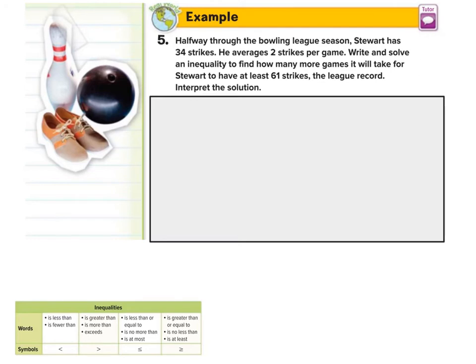Interpret the solution. Okay, so I pulled out this handy dandy chart. You can see it in the bottom left of my screen. And I noticed the word at least. Is at least greater than or equal to inequality? So I'm going to use the greater than or equal to.